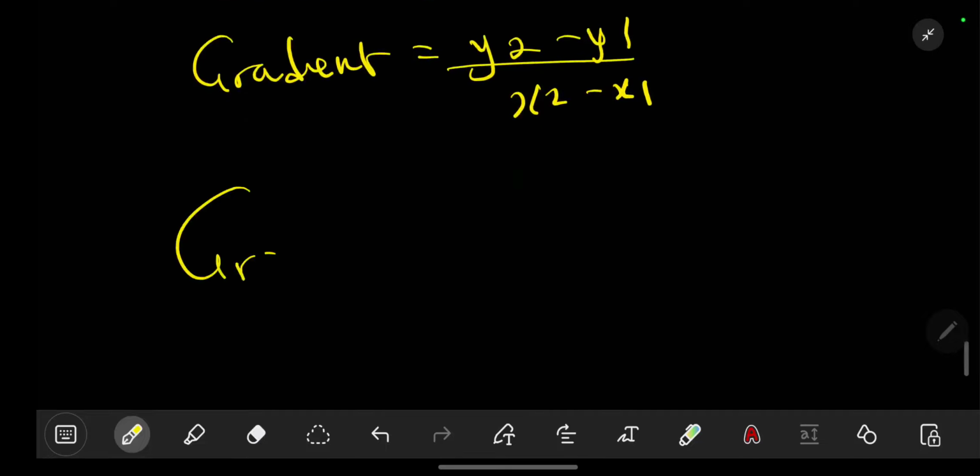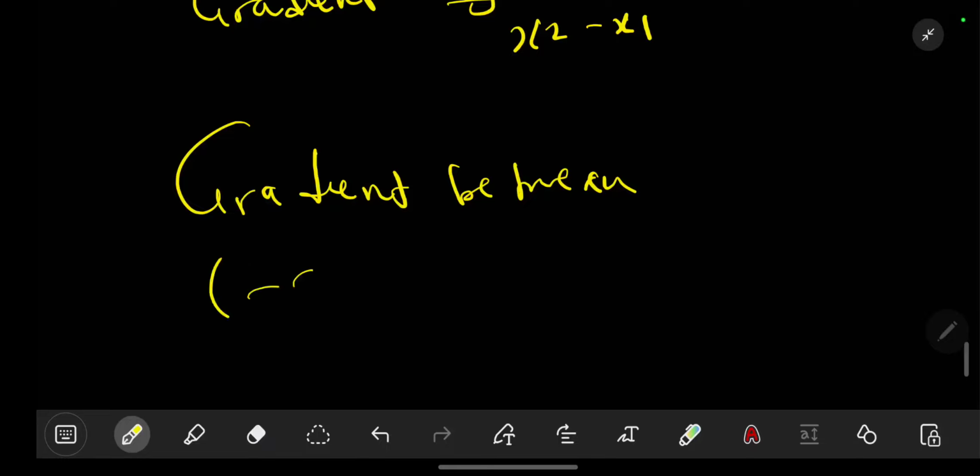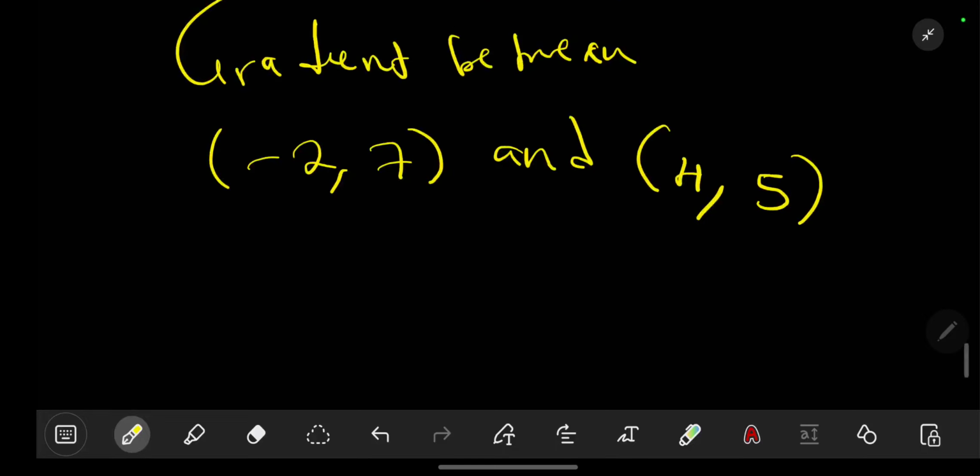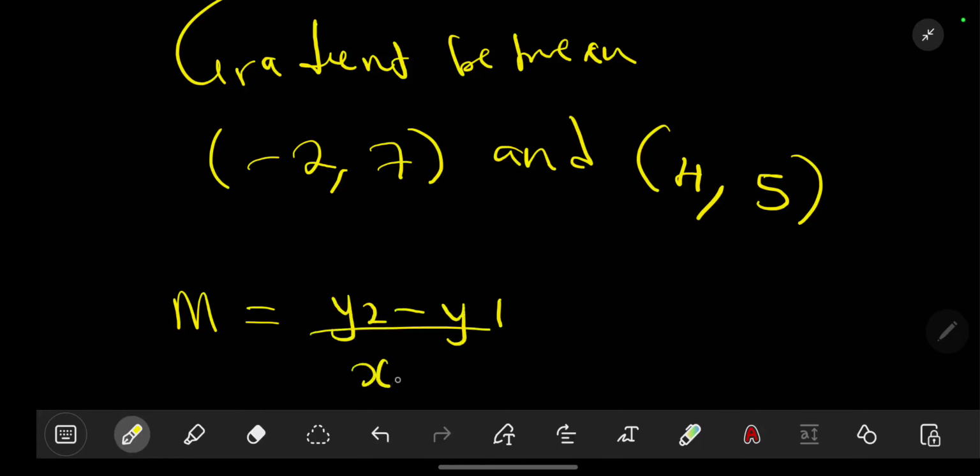So let's find the gradient between, let's say we have been told, between (-2, 7) and (4, 5). To find the gradient, which is our m, it should be equal to y2 minus y1 over x2 minus x1.